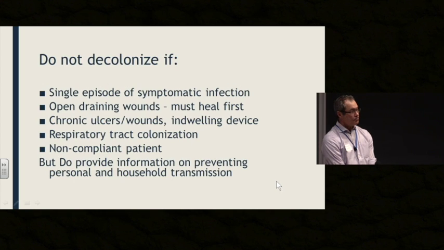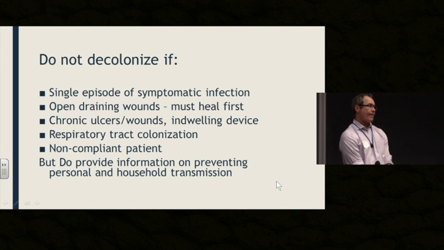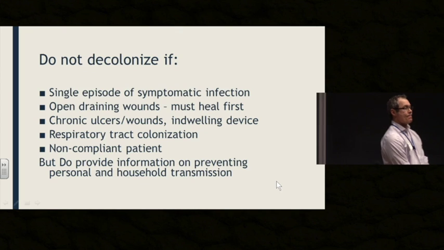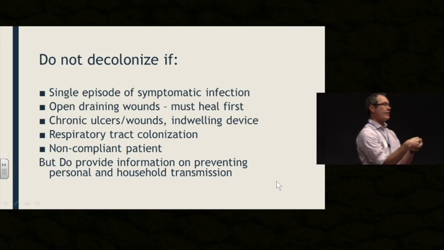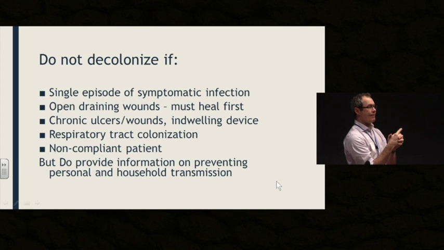So if they're colonized and they don't have boils that are draining, do I leave them alone without decolonizing? Yeah, you can. If they're known to be colonized but asymptomatic, then technically there'd be no need to decolonize them unless you were asked to try to decolonize them for infection control reasons. I think if they're colonized, they can't have surgery at rehab.